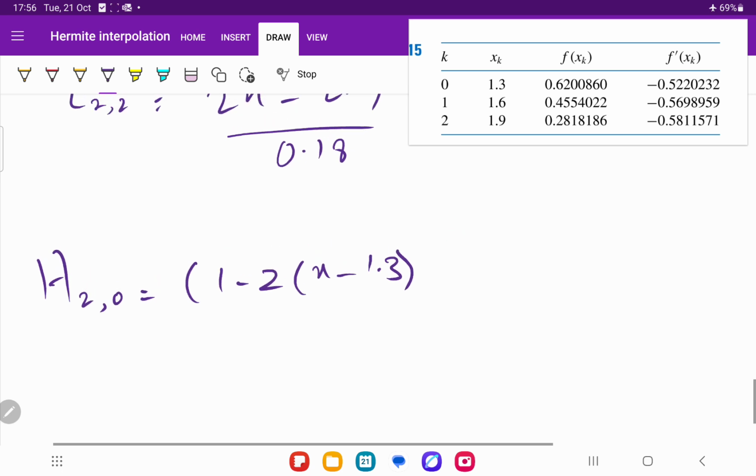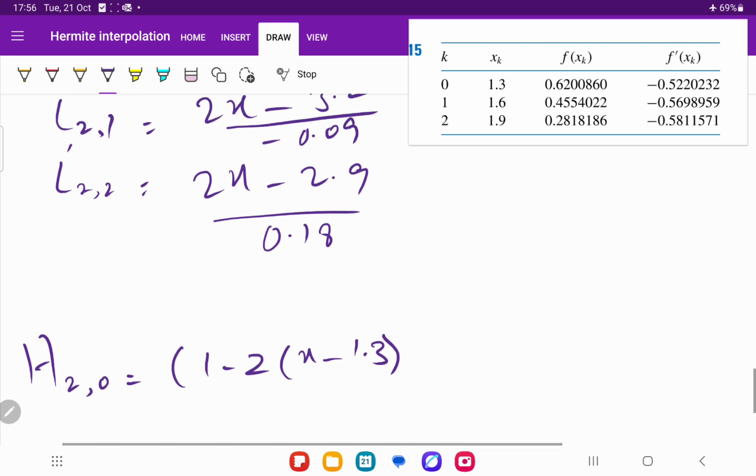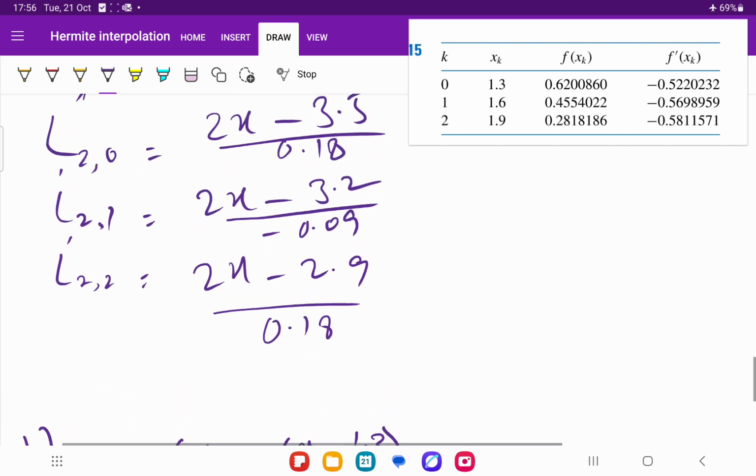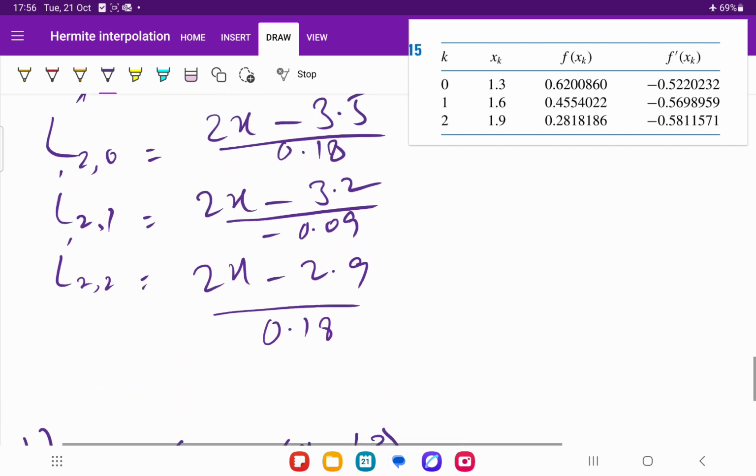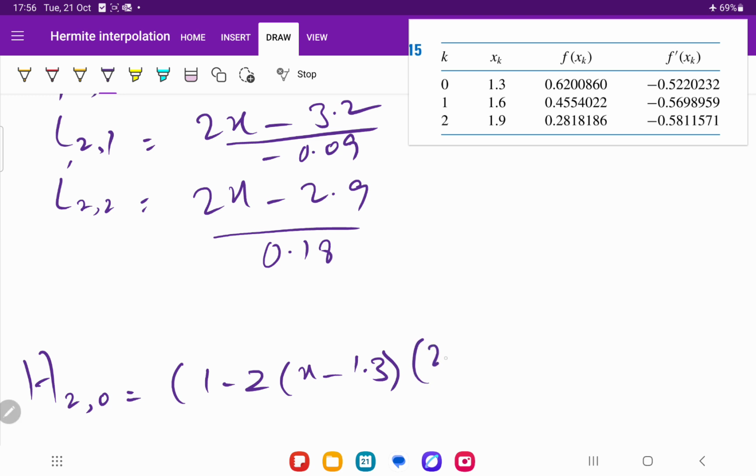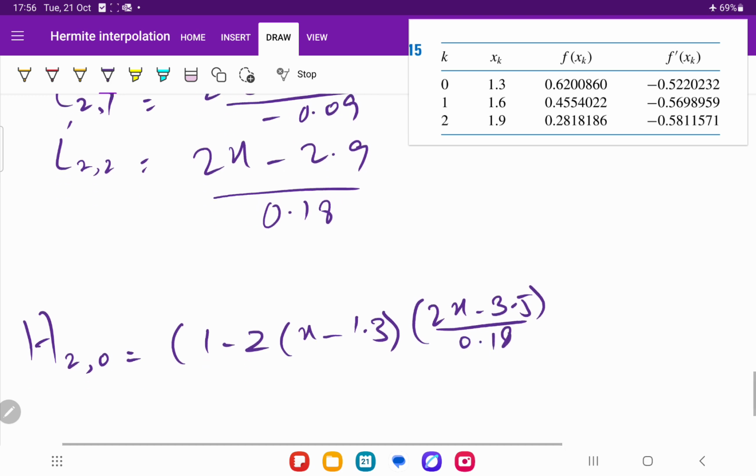The derivative is here, which is equal to L20, 2x minus 3.5 divided by 0.18. So the derivative is multiplied, and then multiplied by L square, all together. Yes, we can place this type of bracket.